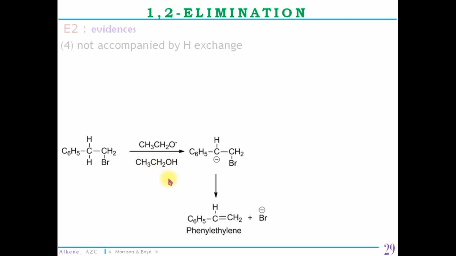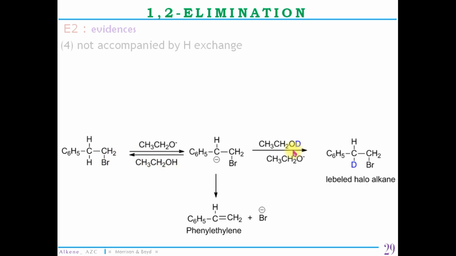In the second step, removal of this leaving group gives the alkene, phenyl ethylene. Now we know it's a conjugate base, so there is a chance that it can grab this hydrogen and convert into the starting material, and simultaneously, because we have used a deuterated solvent, this deuterium can be abstracted by the carbanion and there is formation of labeled haloalkane as a byproduct.